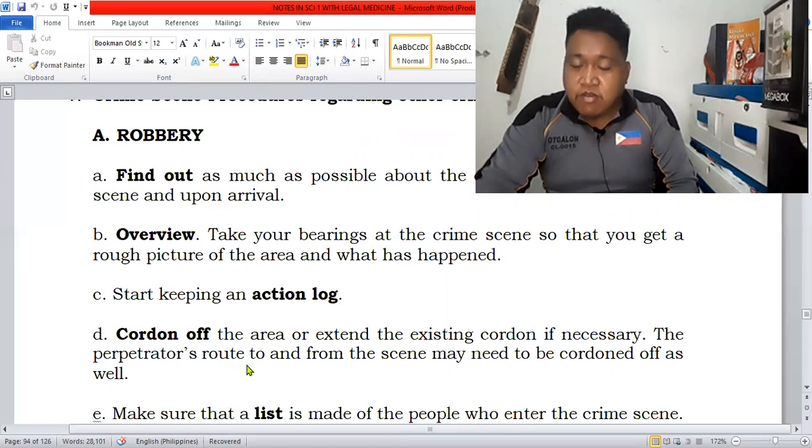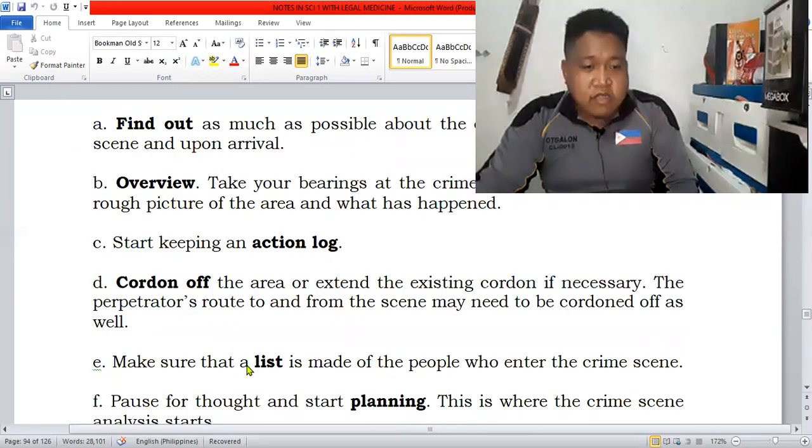Yan. So pag alam mo yung entrance at exit, kailangan mo ding i-cordon yan para hindi kung sino-sino ang pumapasok. Important yan, especially in robbery cases, para alam mo kung paano nakapasok at saan possible nag-exit ang mga perpetrators at para alamin natin kung ano ang gagawin.